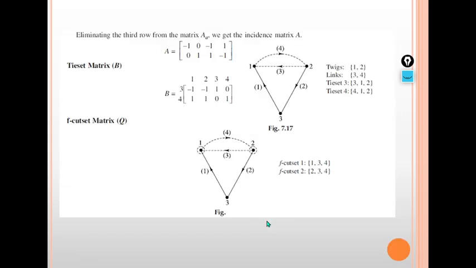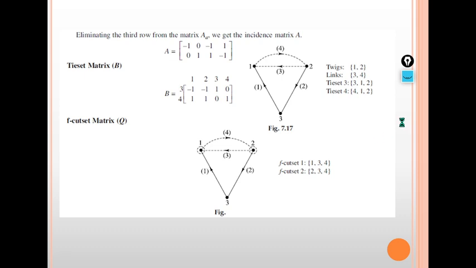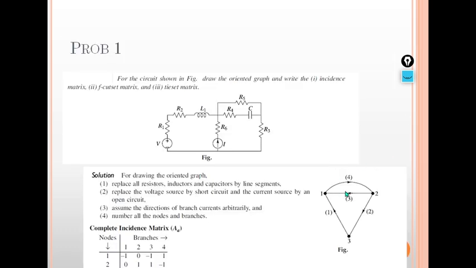From this we can get the number of nodes, 3, so twigs should be 3 minus 1, 2. Whatever tree you take, you can take 1 3, 2 3, 1 2, 1 4, 2 4, 3 4. So what I can take: 1 3, 2 3, 2 4, 1 4. This we can take.